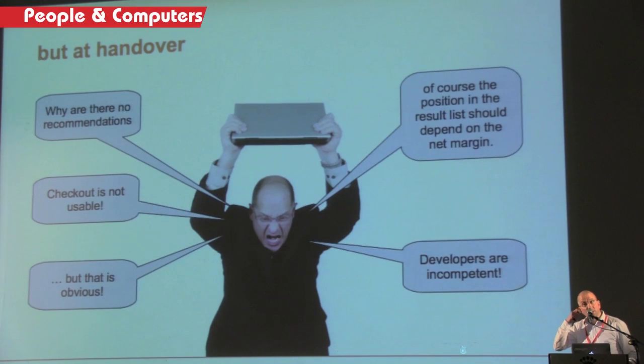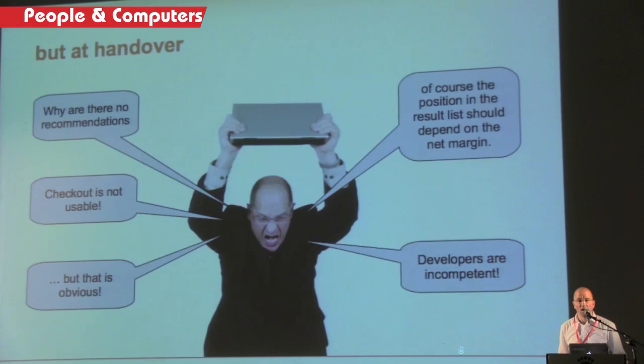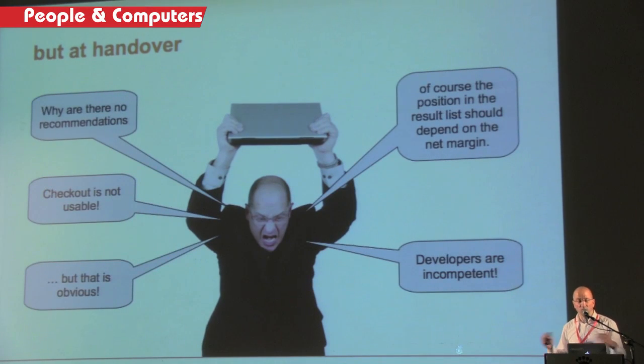Except when there is the handover of the product, suddenly the business side is not very positive. They are telling the developers that there are certain features completely missing, so there are no recommendations in this web shop, and there should have been, that certain parts are not usable, the checkout, for example, and sentences that fall are, but that's obvious, and stuff like that.